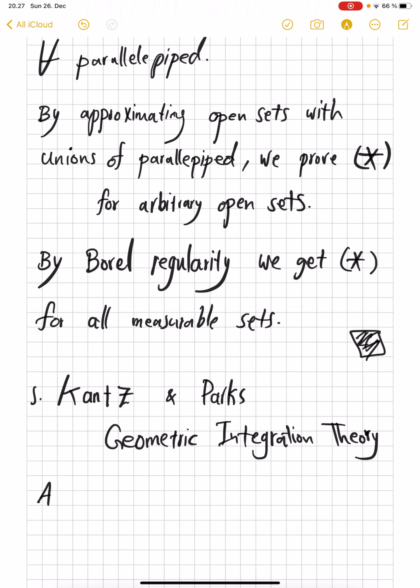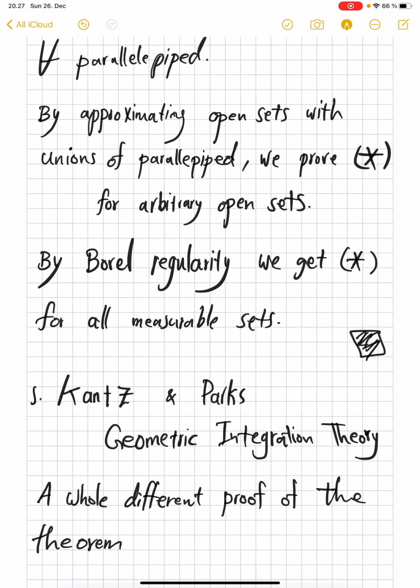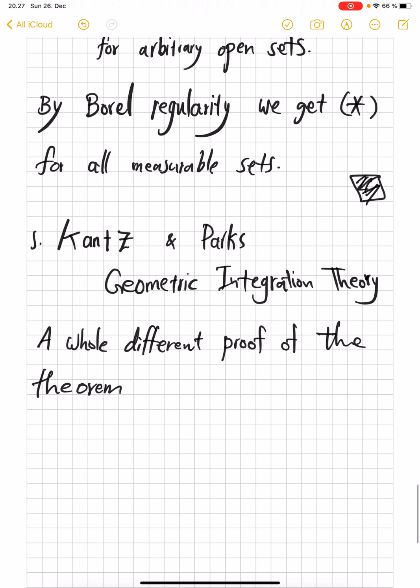A whole other proof of the theorem, which is more often referred to, kind of the standard argument, is using a polar decomposition of matrices.